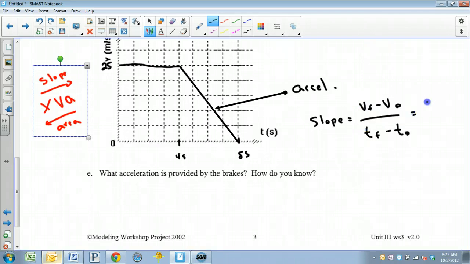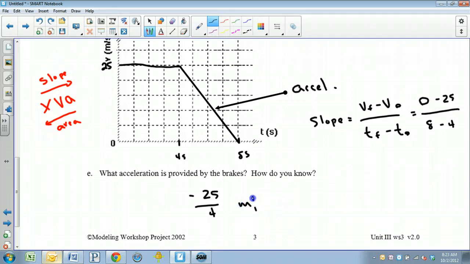And so our final velocity is 0, our initial velocity is 25, our final time is 8, and our initial time is 4. So we end up with negative 25 over 4 meters per second squared, which is equal to 6.25 meters per second squared, and that's negative.